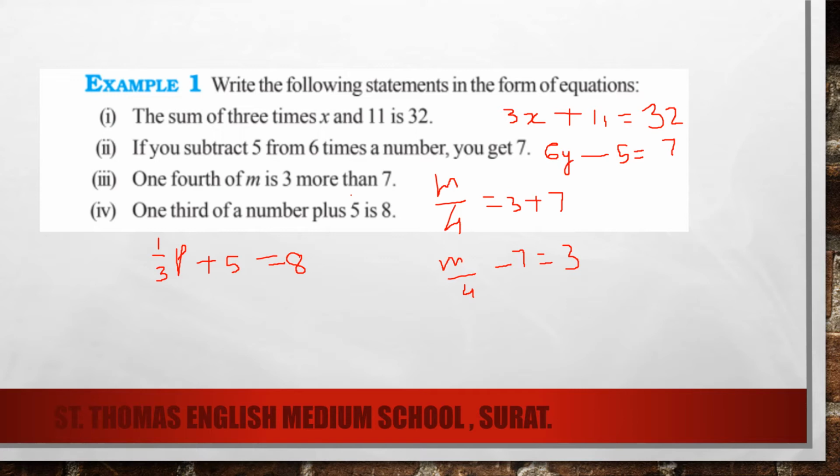It's clear? Write this p properly here. All solutions are given in the textbook, you don't have to write, just listen here. I think it's clear for you. In the same way, more examples are given. You can go through them. If any doubt, you can ask me.